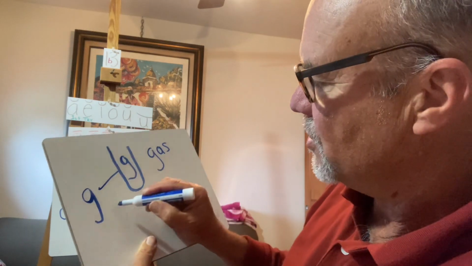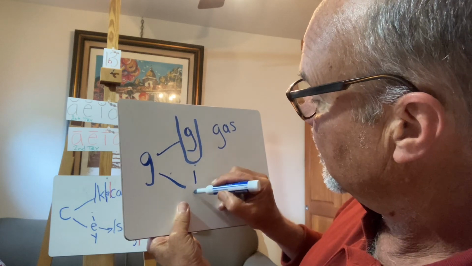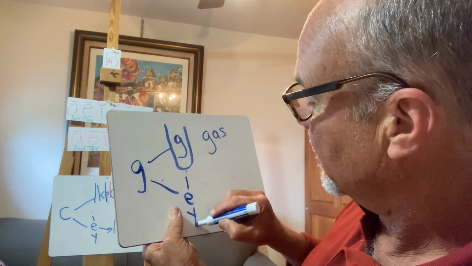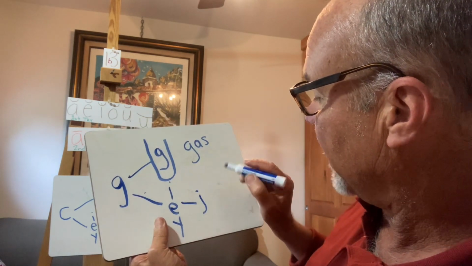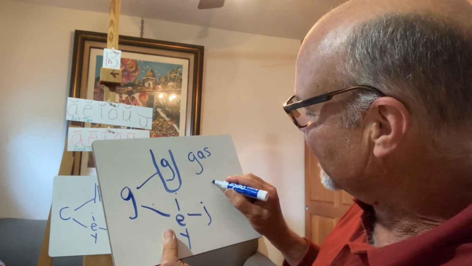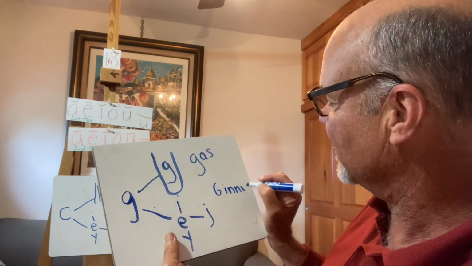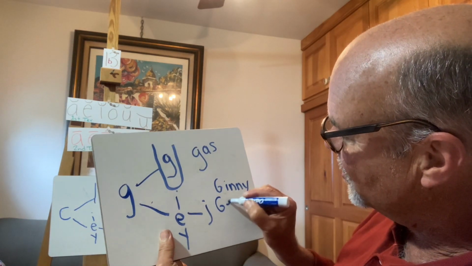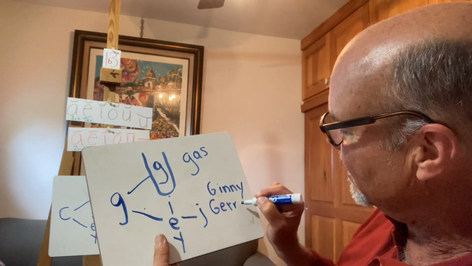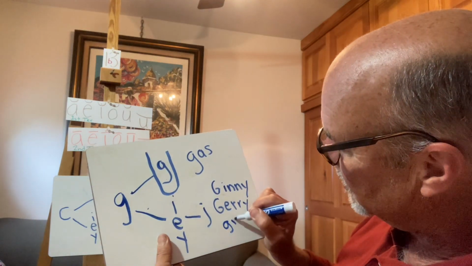G followed by I, E, or Y steals the J sound, as in Jenny, Jerry, and Jim, where you can play basketball or volleyball.